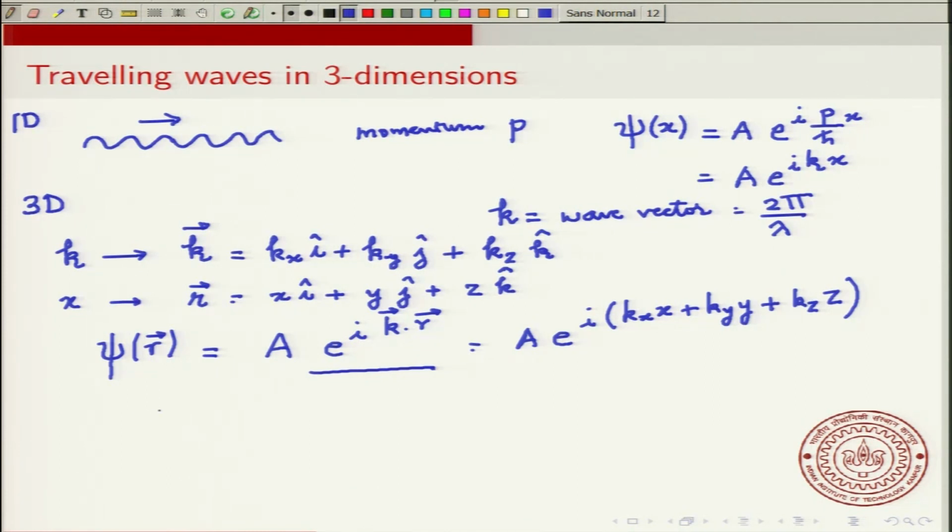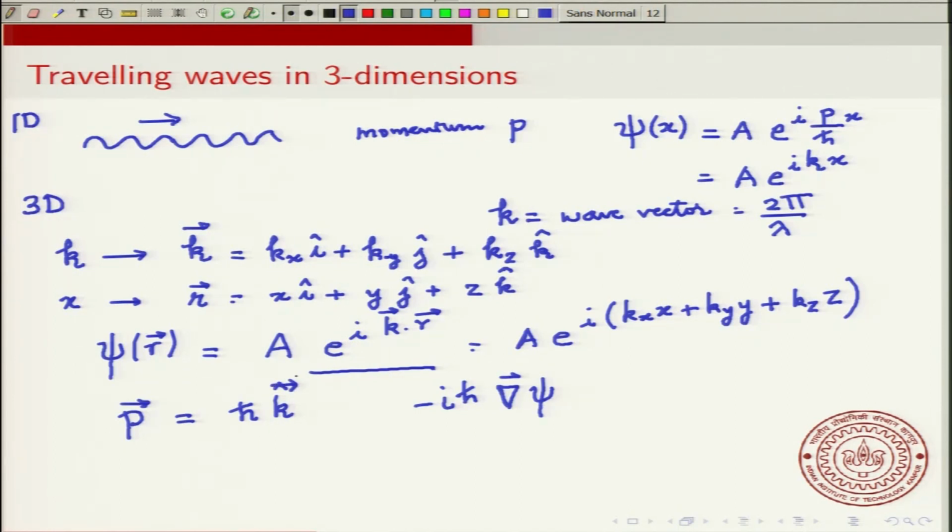The momentum will be equal to h cross k. You can work it out by using minus i h cross times the gradient of psi.